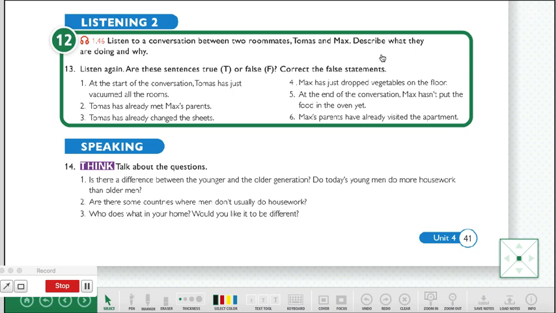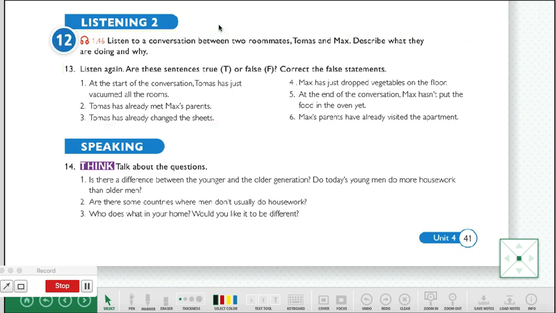Number 13 is about answering if the sentences over here are true or false. They are 2 activities in only one audio. So, number 12 in the notebook, number 13 here in the program. Both pictures are going to be in the PDF file.